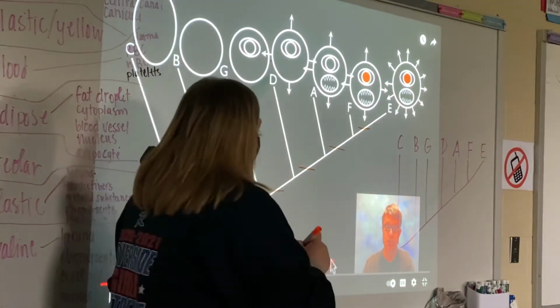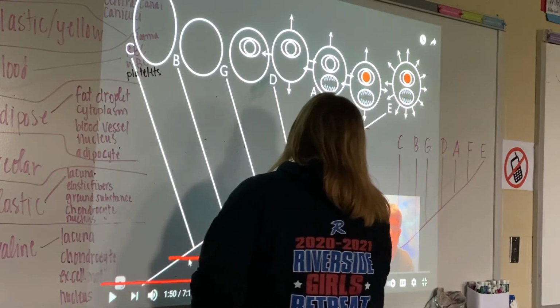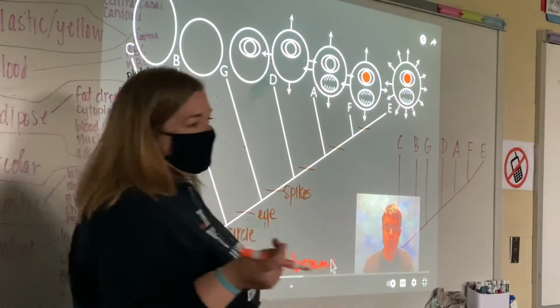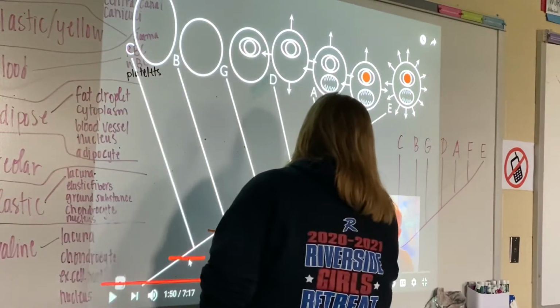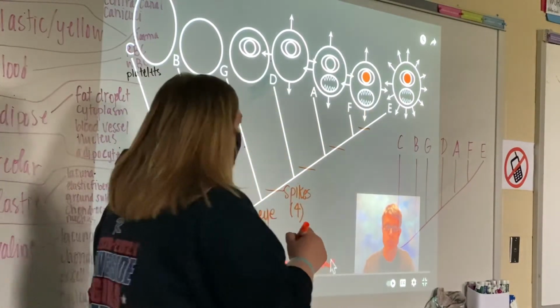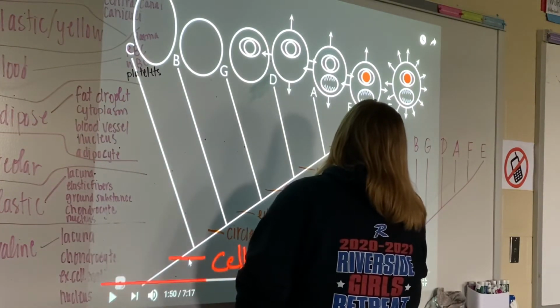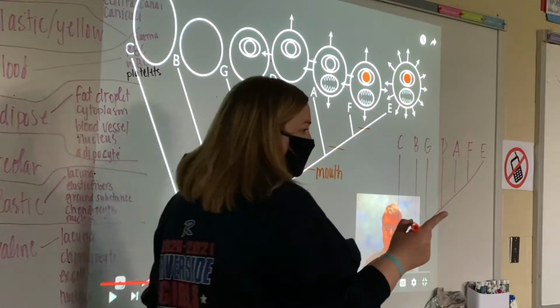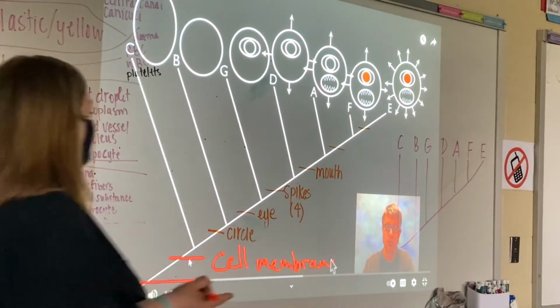It has, he calls them spikes. Should we be specific about our spikes? 4. That's 4. All right, what's next? Sharp teeth. It has a mouth or teeth. Should we be specific about our eye? Red, black. So black eye.